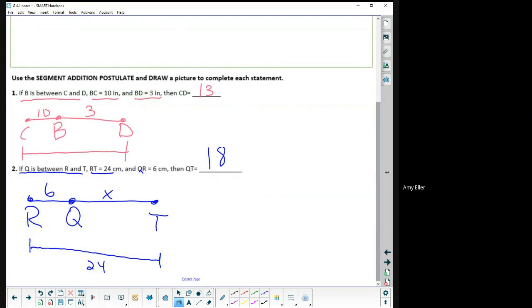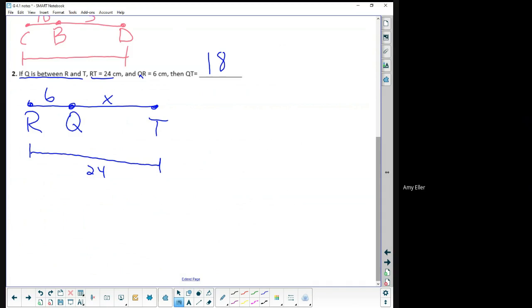Here's how it looks in an easier question. I would use the segment addition postulate, which says RQ added to QT equals the whole thing RT. R to Q is listed as 6. Q to T is my only unknown. I can call it X. The whole thing RT is 24.